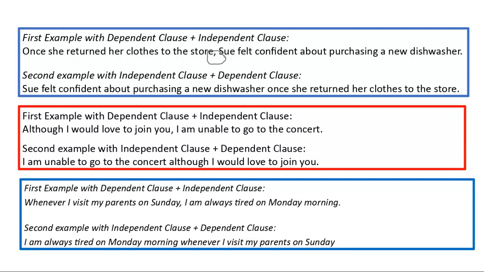Case number 2 here, dependent clause, comma, independent clause. Whenever we go down to the bottom here, whenever we start with the independent clause and go into the dependent clause, there's no comma. Lastly, dependent clause, independent clause, comma. Whenever we switched it around and said independent clause, dependent clause, we didn't use a comma.